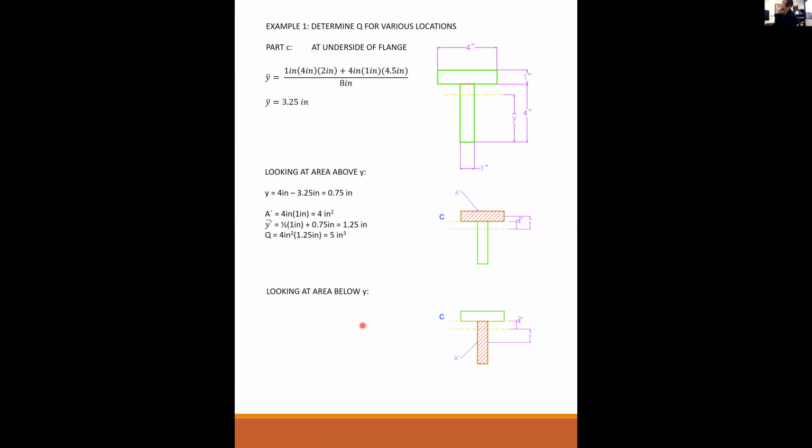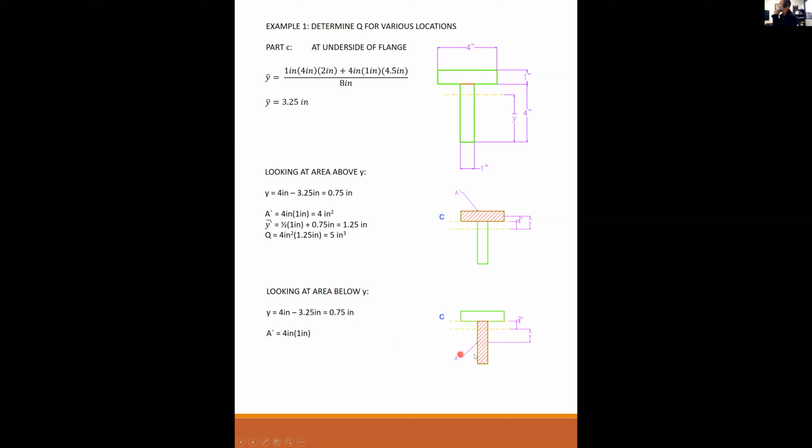Now, if I look at it from below, I should get the same value, right? So looking at it from below, that Y minus 3¼ inches, that's still 3. I'm not quite sure why I did. Oh, no, I do need that. Okay, so this distance here is 3/4 of an inch.